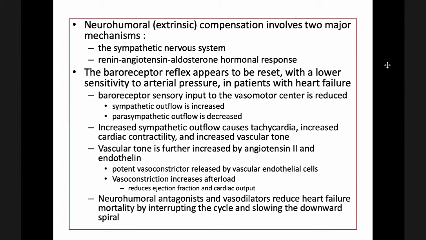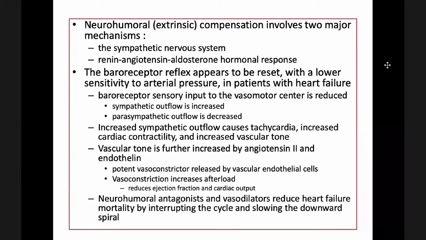So if you have increased sympathetic outflow, you will have tachycardia. It will cause an increase in the cardiac contractility as well as an increase in your vascular tone. So the vascular tone is further increased by your angiotensin II and endothelin, which are potent vasoconstrictors, and they are usually released by your vascular endothelial cells. So with vasoconstriction, you will have an increase in your afterload.